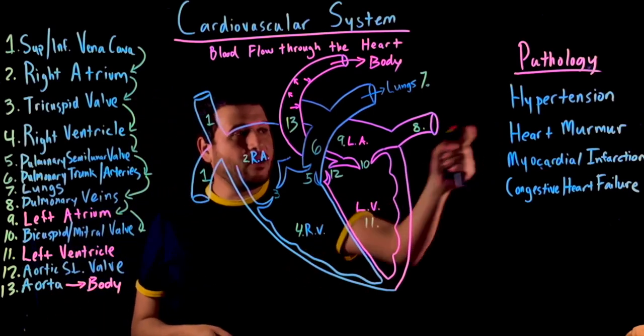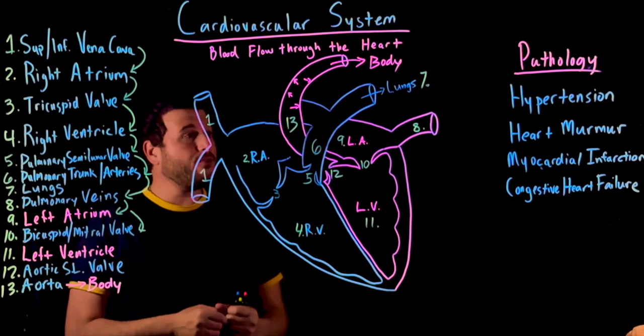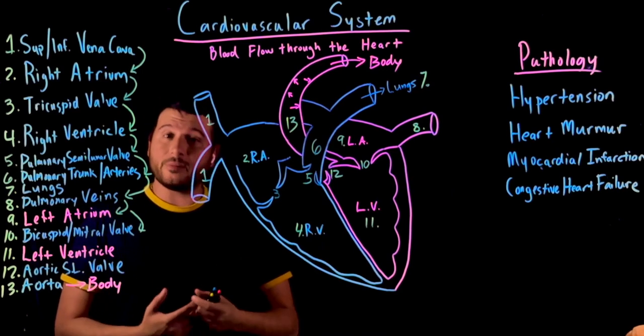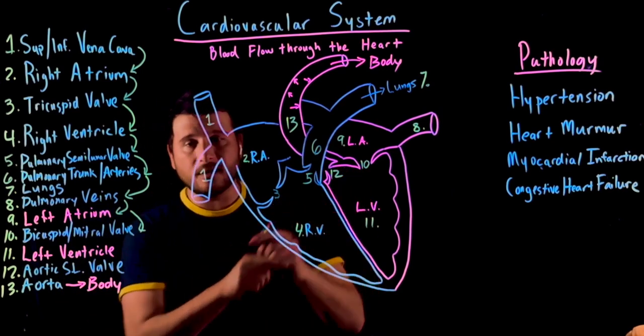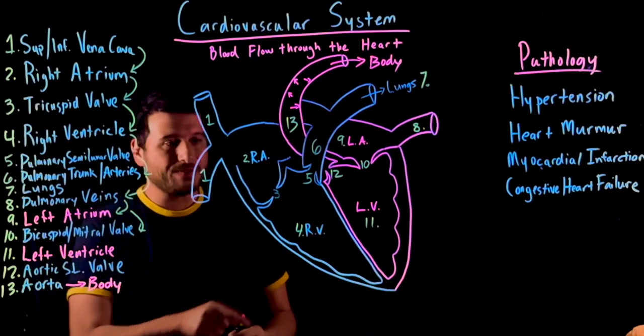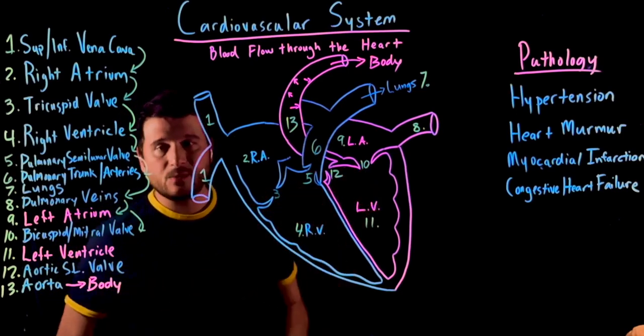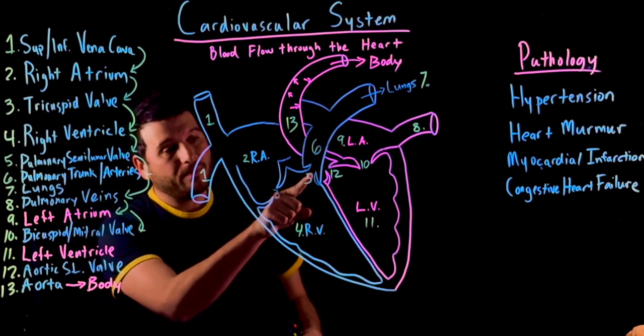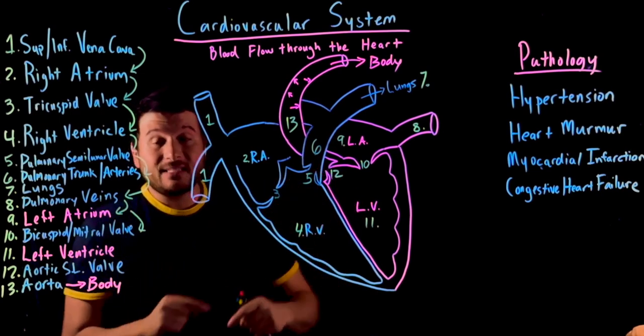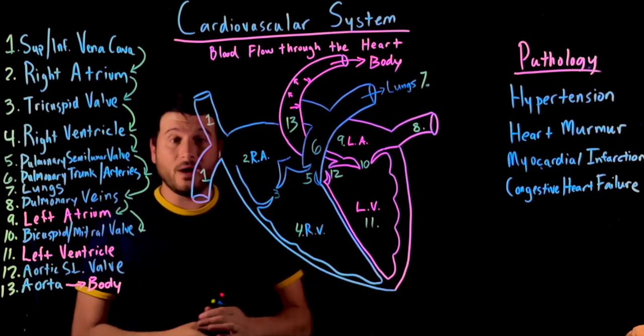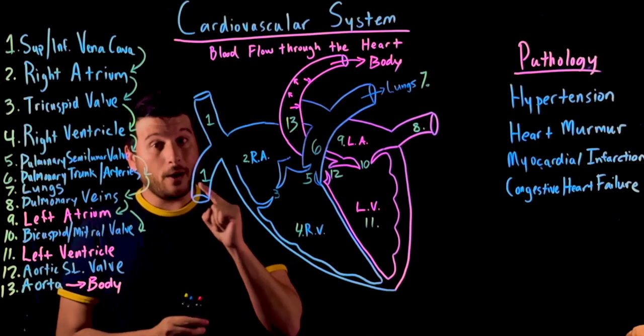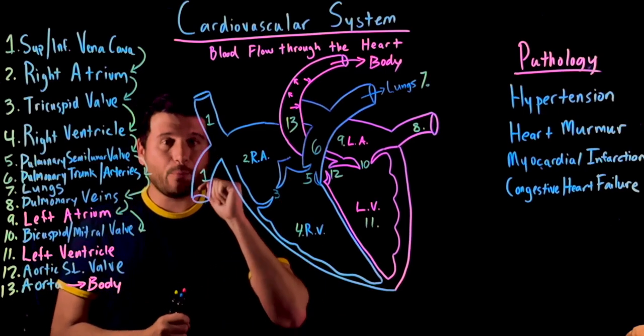The next one is a heart murmur. You've probably heard of that before, but what is a heart murmur? Well, remember these valves we talked about? We learned about 4 valves, right? The tricuspid and bicuspid valves, as well as the pulmonary semilunar and aortic semilunar valve. Well, remember how those were one-way valves? They're not perfect.